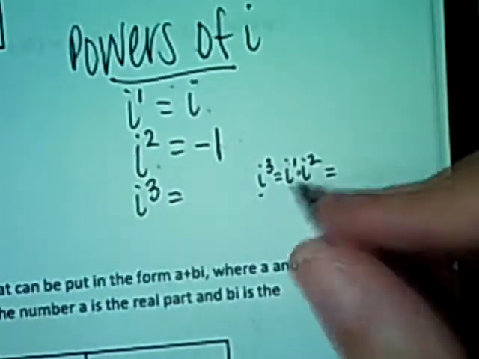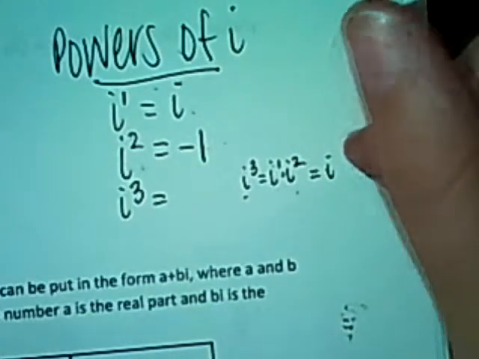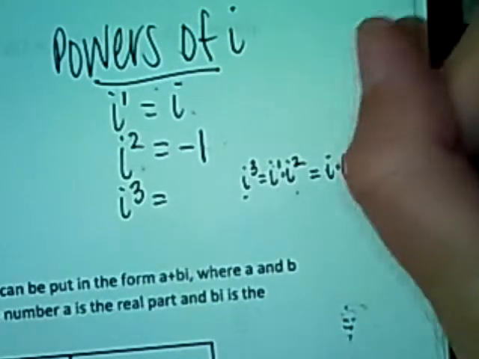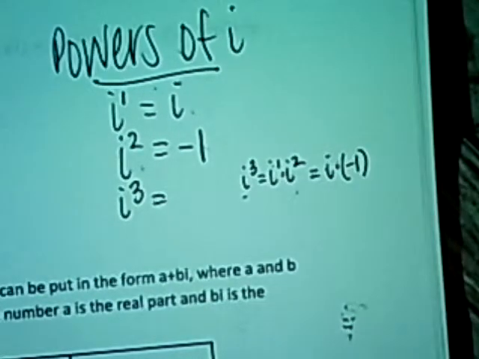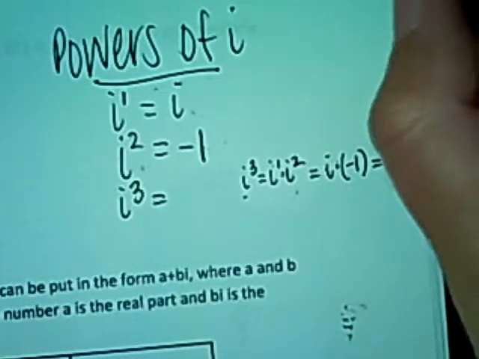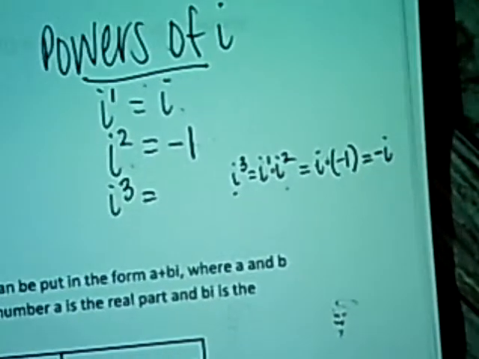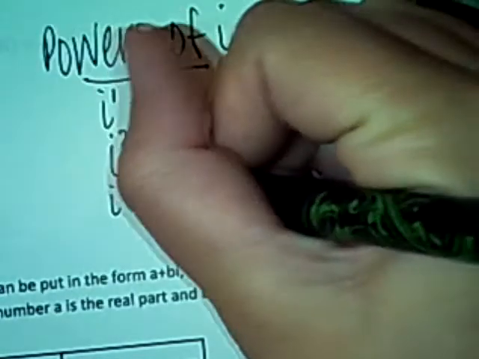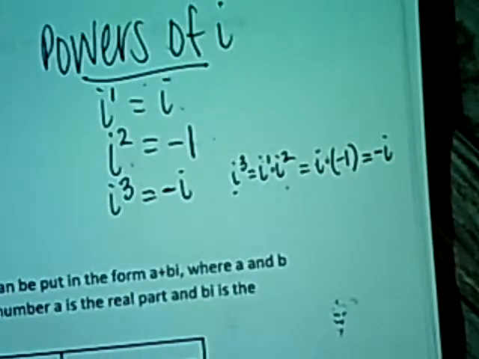Now i to the first just stays i, but i to the second I can replace with -1, so i to the third power is really -i.